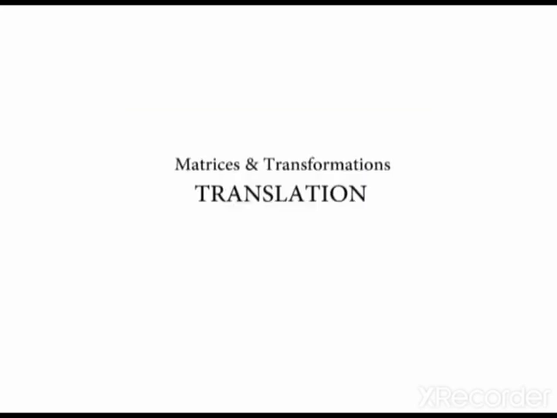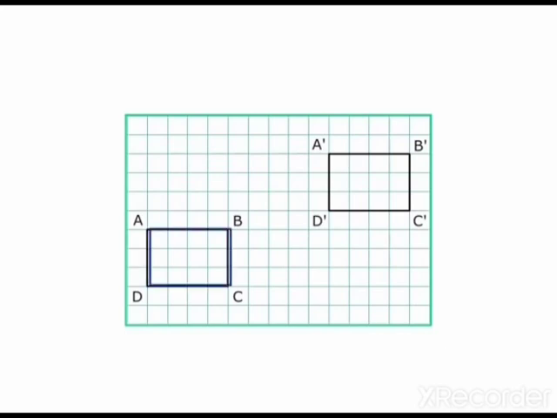A translation is a transformation that moves or slides a shape through a given distance in a given direction. Under a translation, all points on the image move through the same distance and in the same direction. The size, shape, and orientation of the object is not changed under a translation.